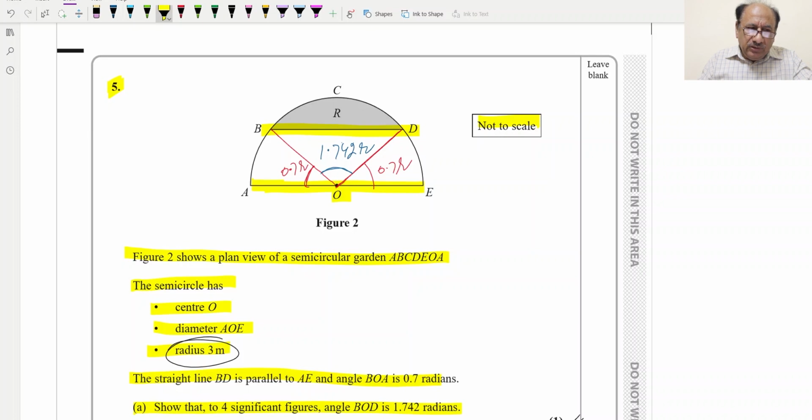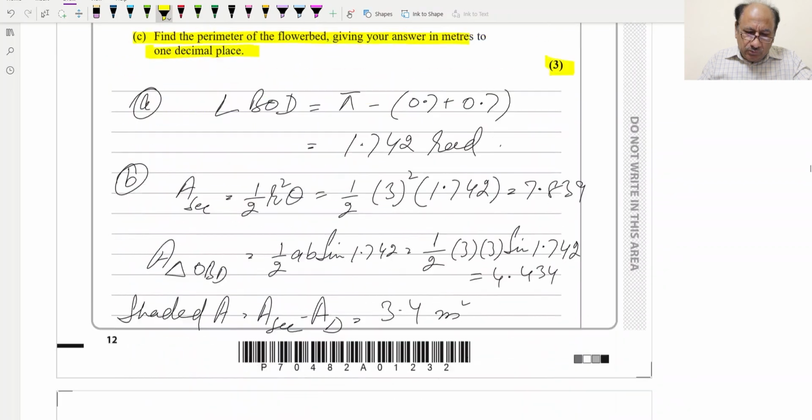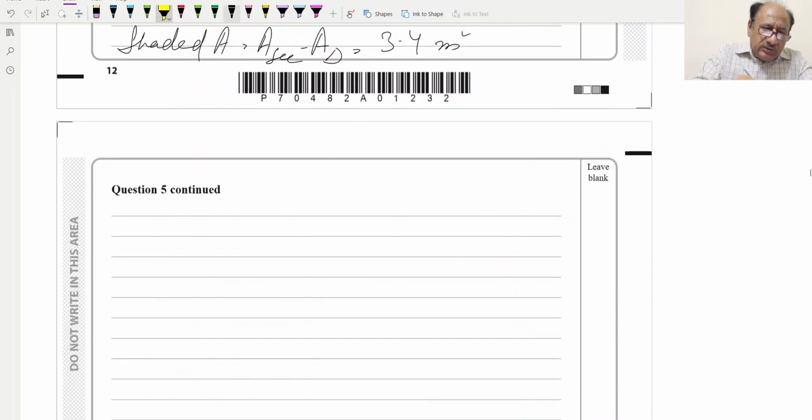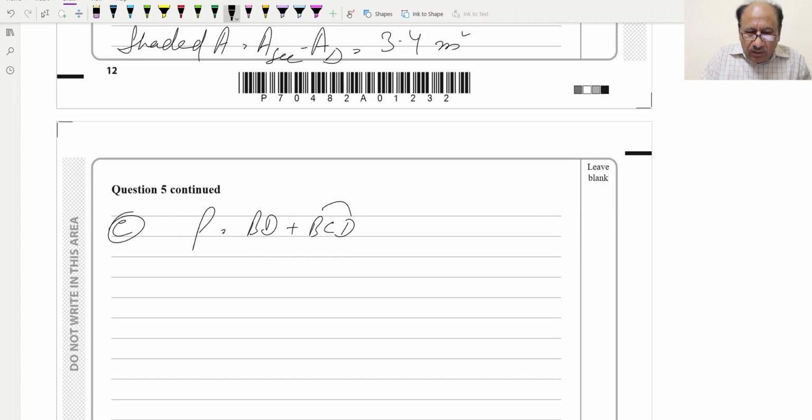BD we can find first by applying the cosine rule on the triangle OBD. So the perimeter will be equal to BD plus the arc BCD.